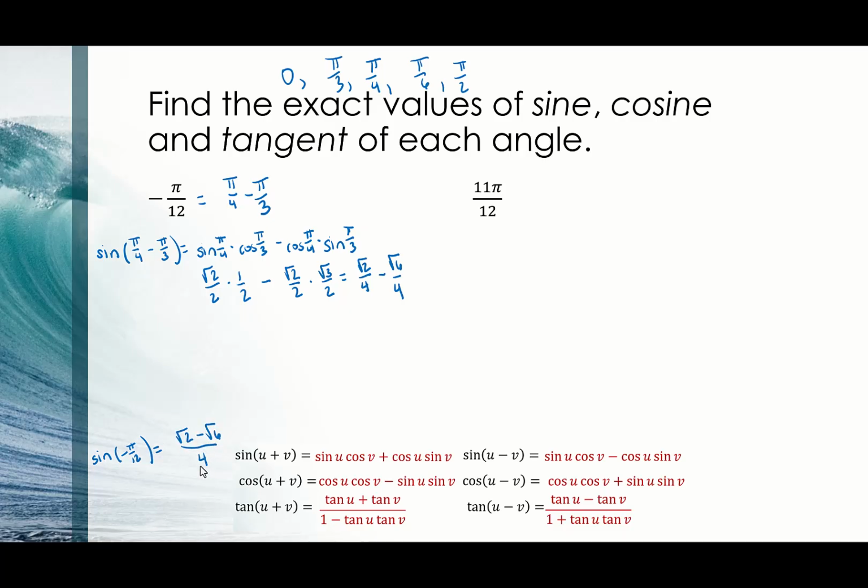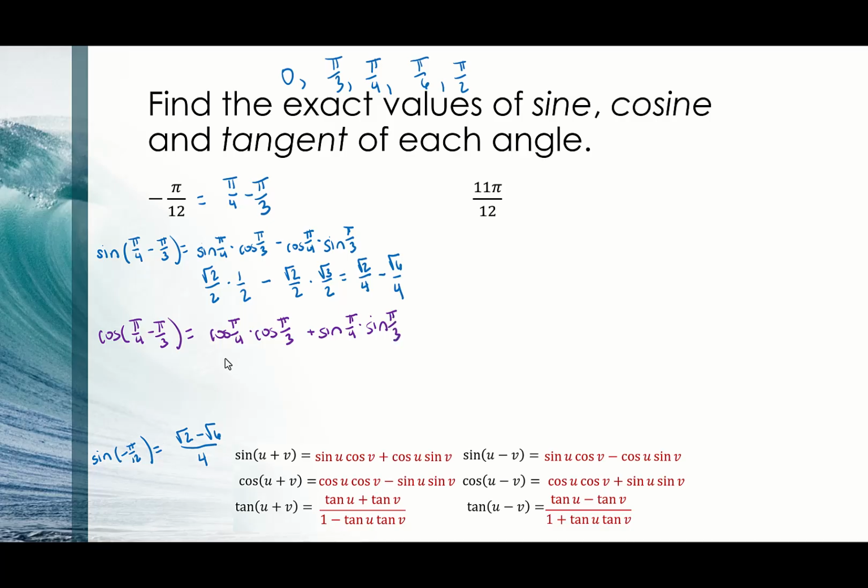divided by 4. Next up, we have cosine of negative pi over 12, which will be cosine of pi over 4 minus pi over 3. And when we set up cosine, we have cosine of pi over 4 times cosine of pi over 3 plus sine of pi over 4 times sine of pi over 3.